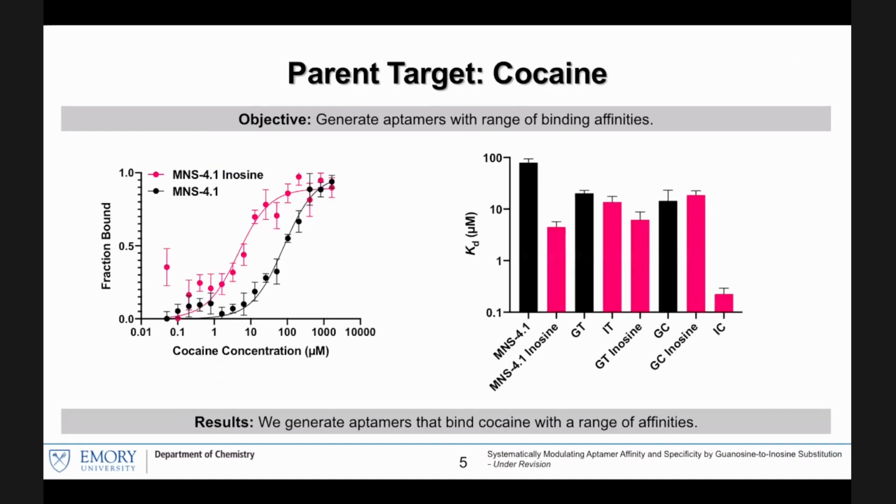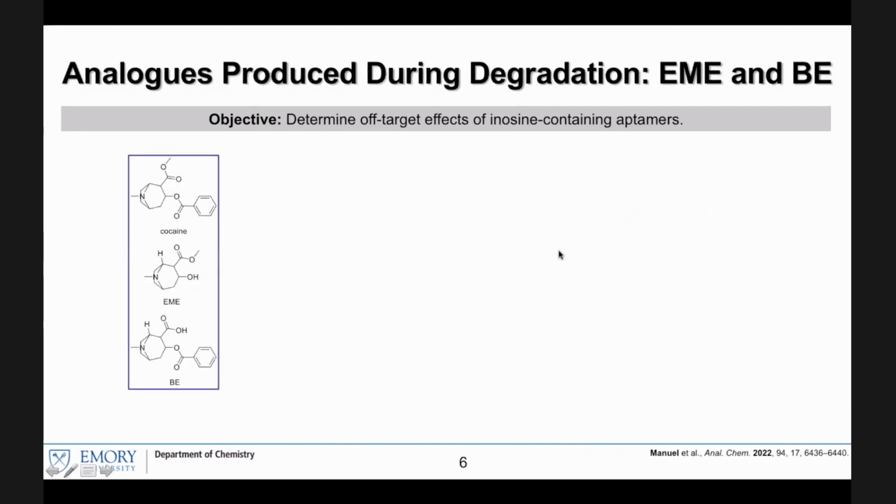But this is where it gets fun, right? When we saw that the change was so drastic, we actually went forward to look at other off-target effects. In literature, it's shown that the cocaine binding aptamer not only binds cocaine, it also does not bind EME or BE. EME or BE are basically just degradation products of cocaine.